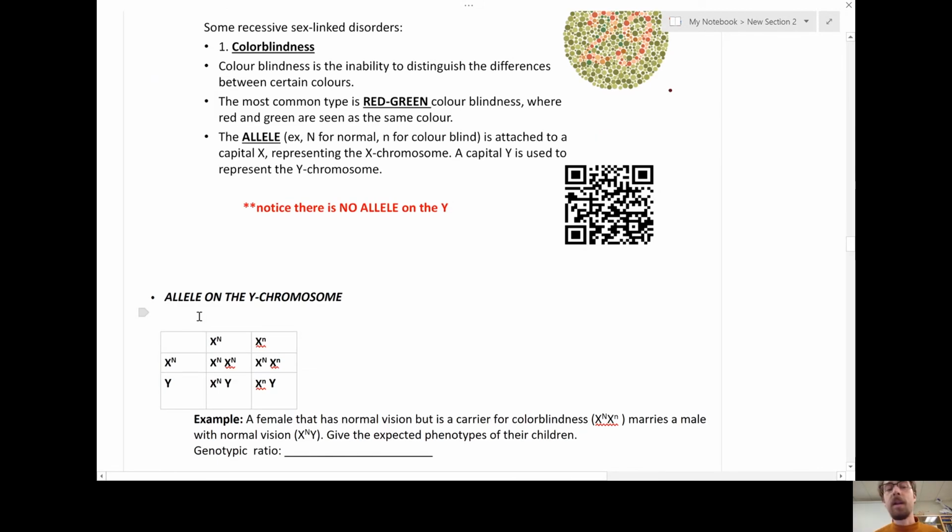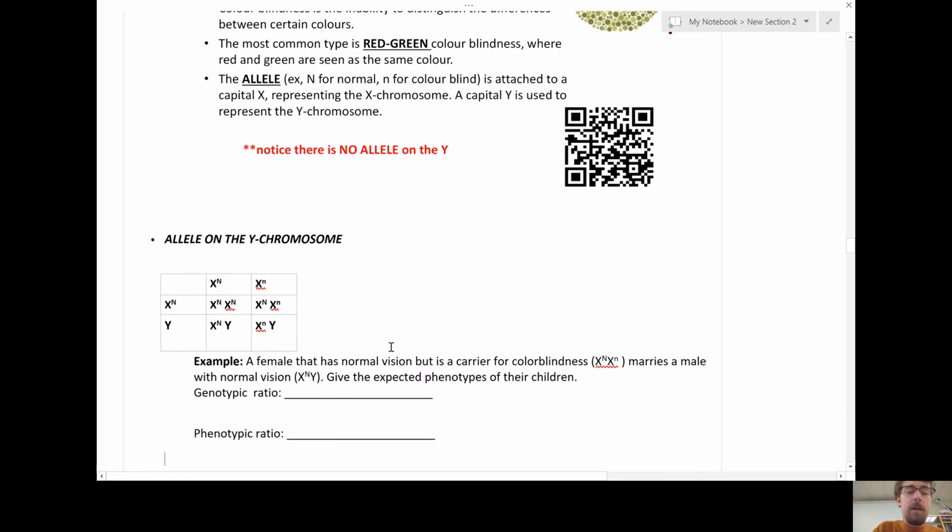So you can still draw Punnett squares for these sex-linked traits. So again, we kind of follow similar rules. So we've got X, we've got Y, we've got X and X. So for example, if we're using color blindness, say an X with a capital N for normal, X with a lowercase n for that recessive allele.